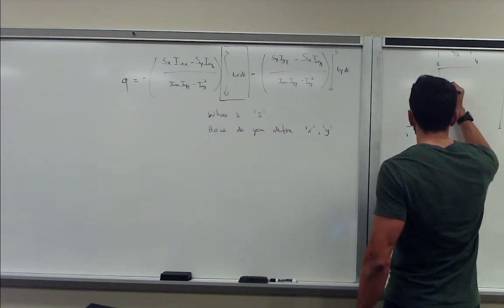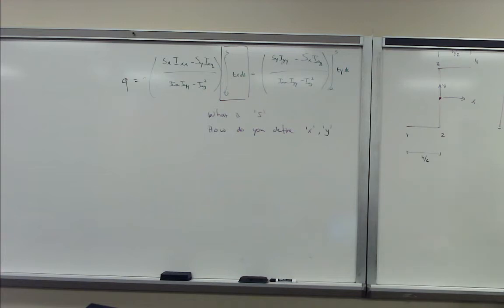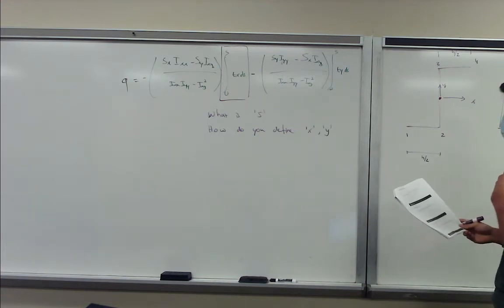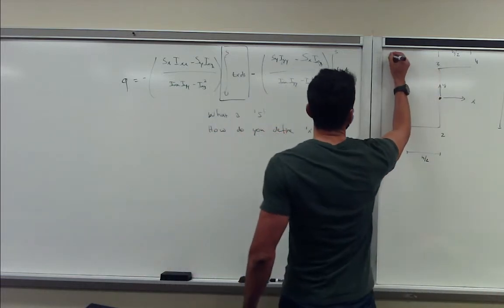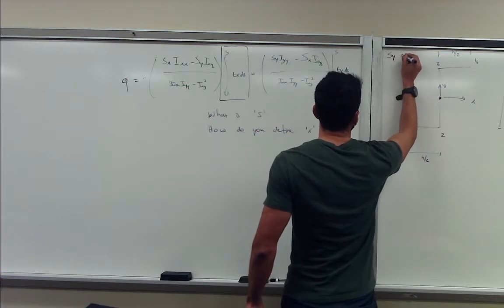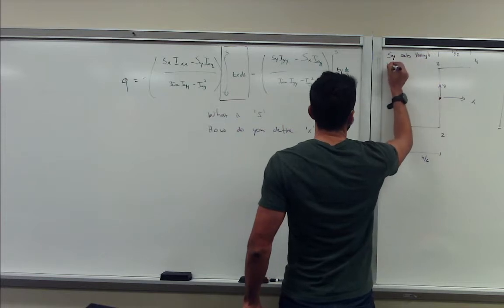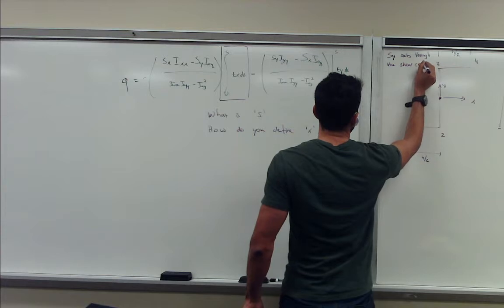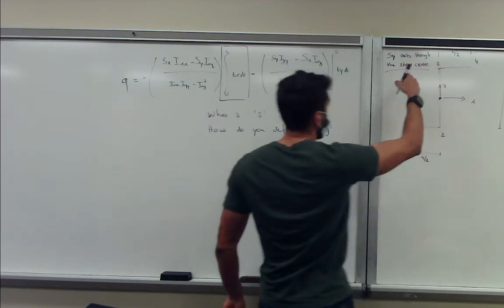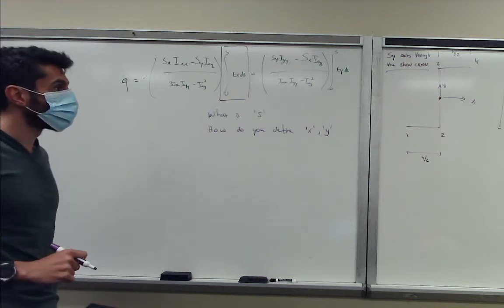The centroid lies in the middle, and our x-axis and y-axis go from there. And we also say in the problem that our shear force acts through the shear center. So you see Sy, and that's important. I will come back later in this lecture to why that's important.